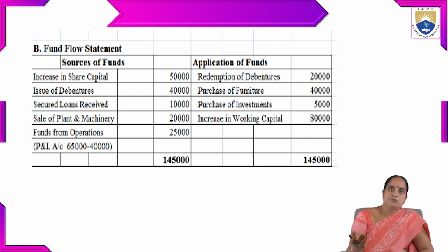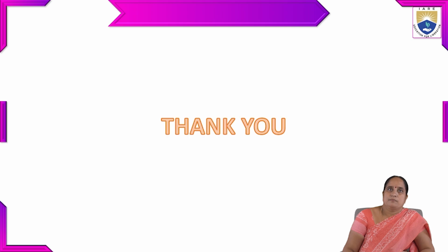Whereas coming to application of funds, we have redemption of debentures, purchase of furniture, purchase of investments, increase in working capital. So this is the funds flow statement, which indicates the sources from where we got the funds and how we have used those funds on various business operations, which are known as application of funds.